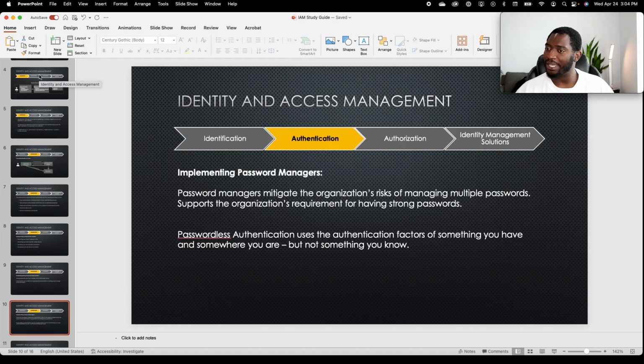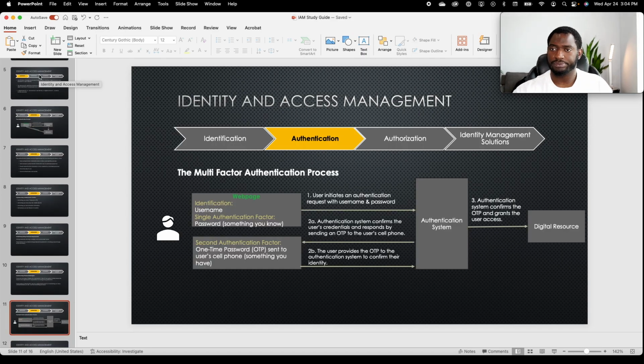This is the first time that we're talking about the combination of multiple authentication factors. So that dovetails into a multi-factor authentication process.